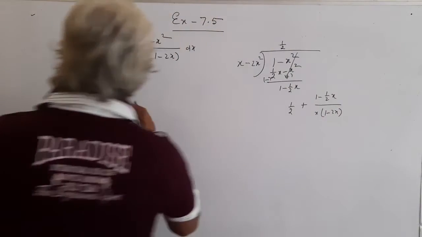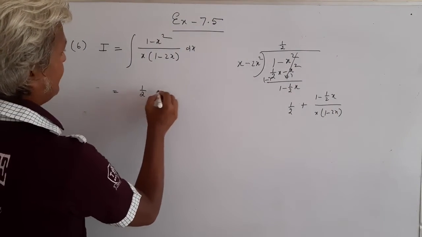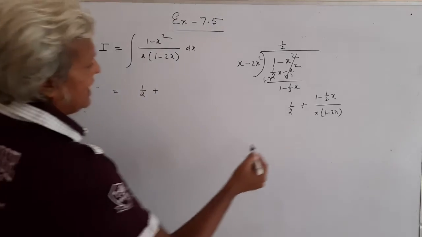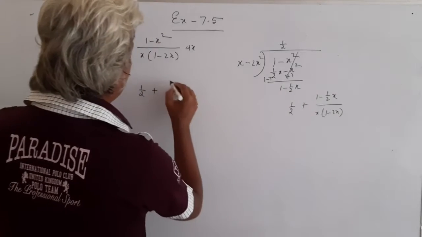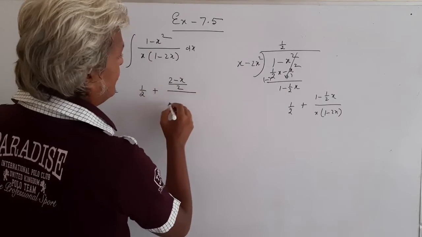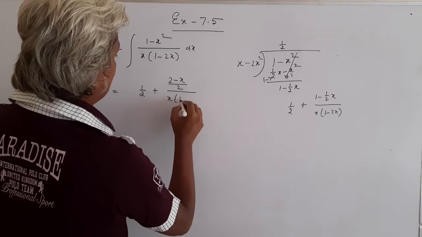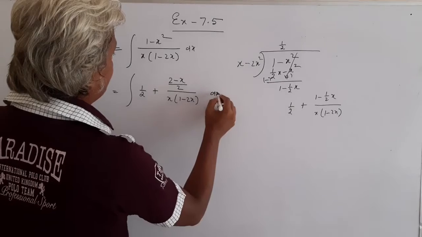So now what I do is write this as half plus, in place of this you can write 2 minus x, because if you simplify, this becomes (2 minus x) over 2x(1 minus 2x), and this whole dx.